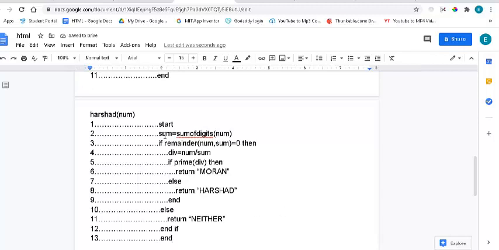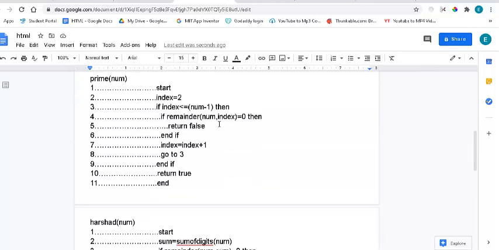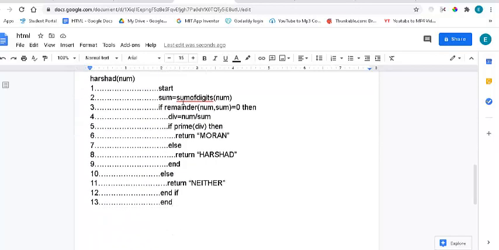So I wrote the two algorithms here, I tested them, and now for the problem I'm using those algorithms and calling sum of digits with the num and leaving it in the variable sum. Then I'm checking to see if the original num is divisible by sum. If it is not, then I'm going to return neither.